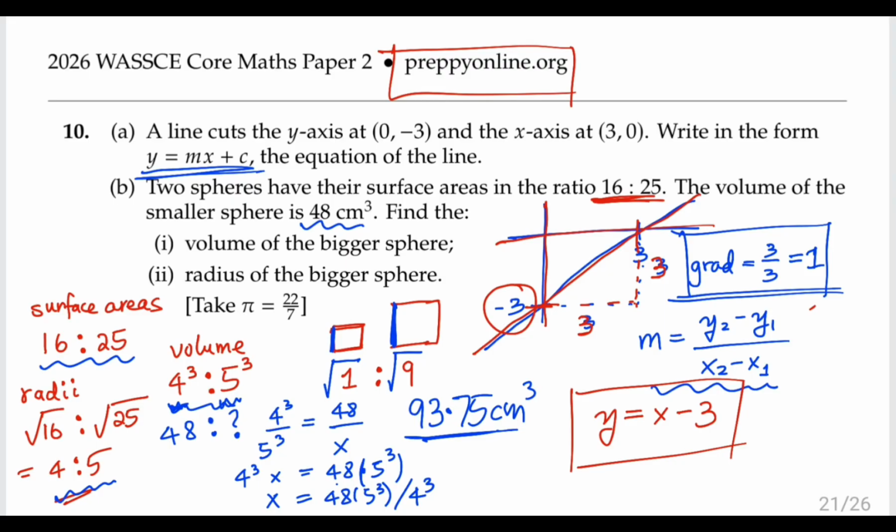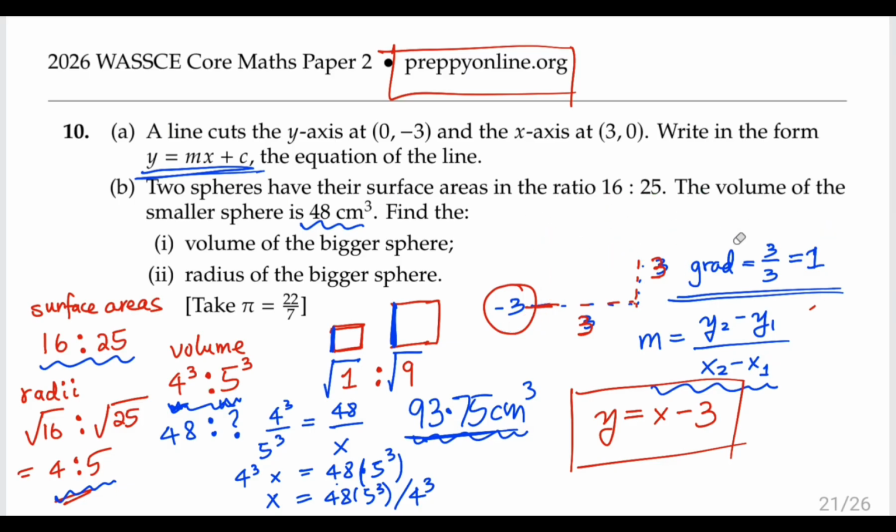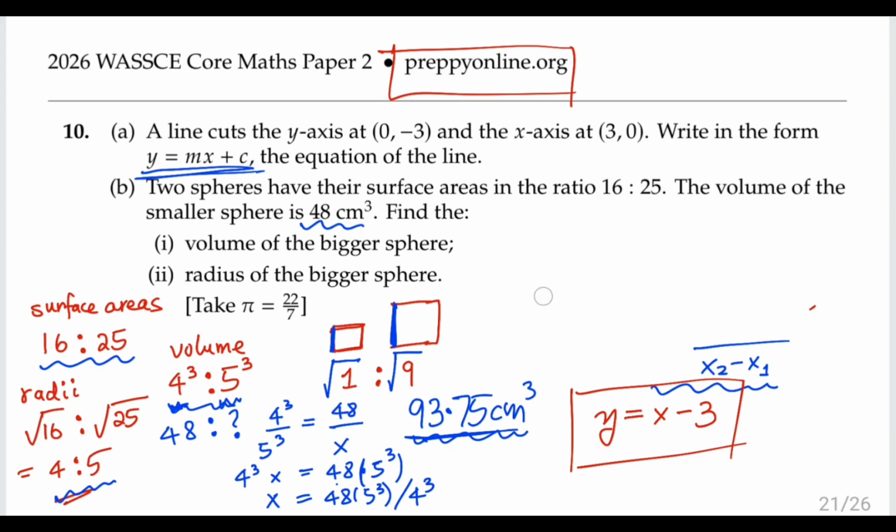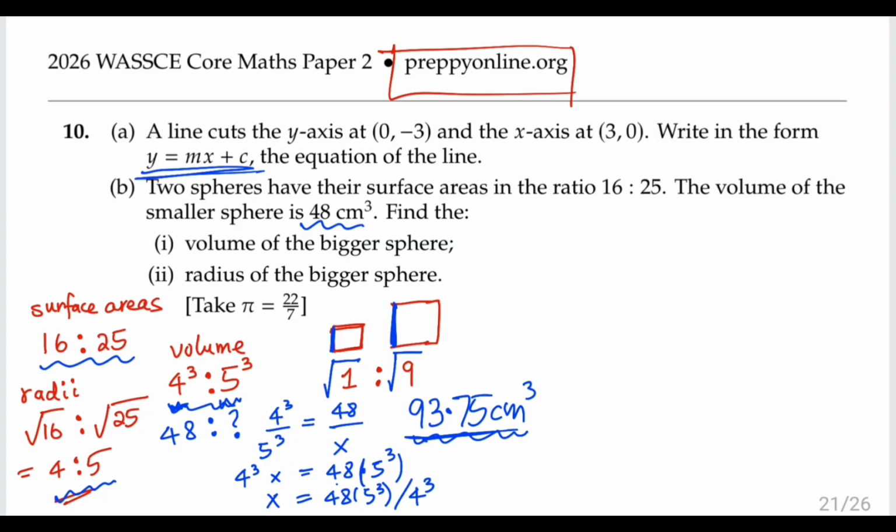Now, if we have the volume of the bigger sphere, then we can use that to find the radius of the bigger sphere. So let me create some space here and clean this up. All right. So if we have this 93.75 cm cubed as the volume of the bigger sphere, then we equate that to the formula for the volume of a sphere.